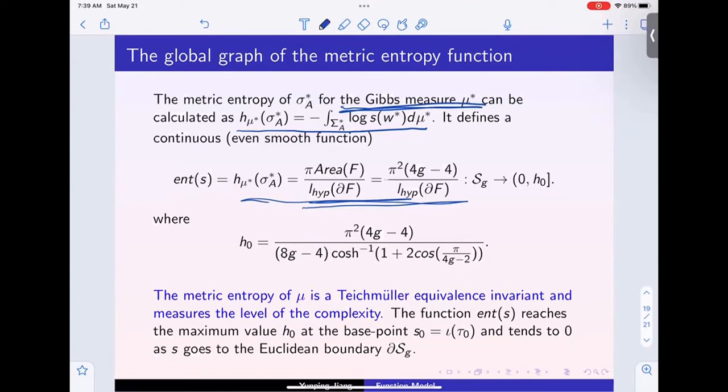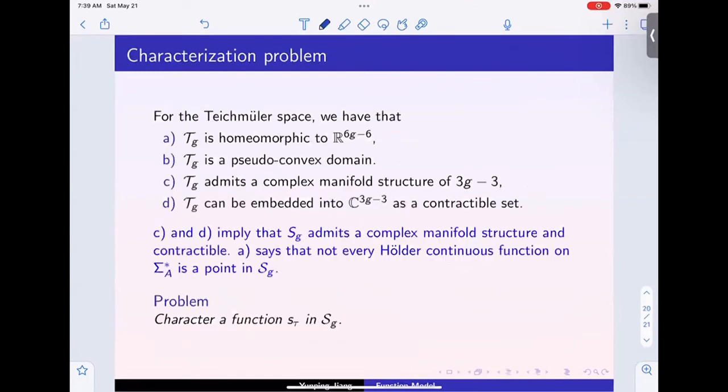That's also why you introduce the function space: you can study the metric entropy for the Teichmüller space. I think I still have a few minutes, but I'm done already. Now you come back to the Teichmüller space.